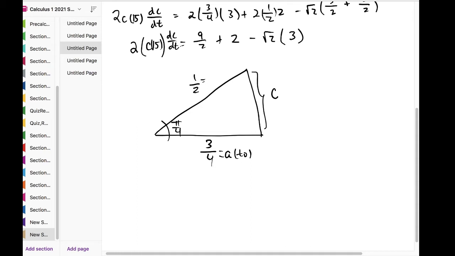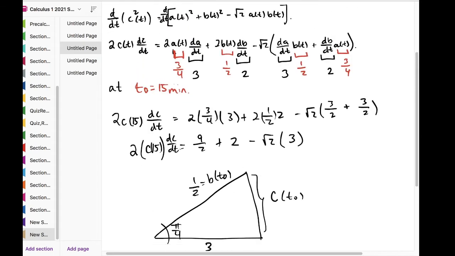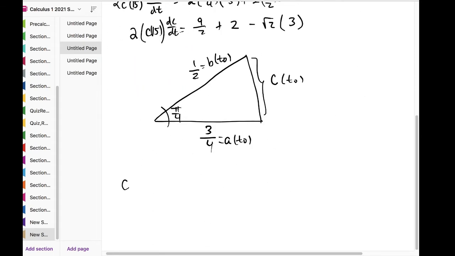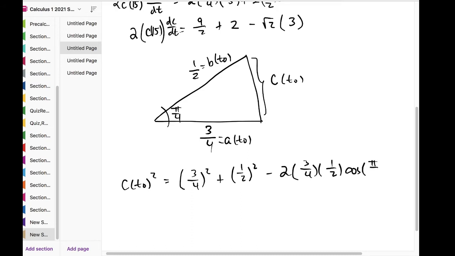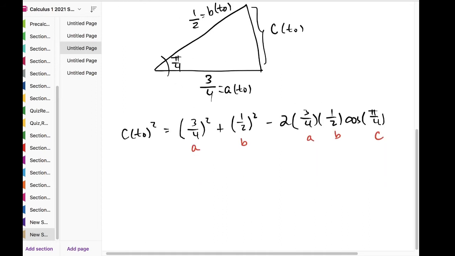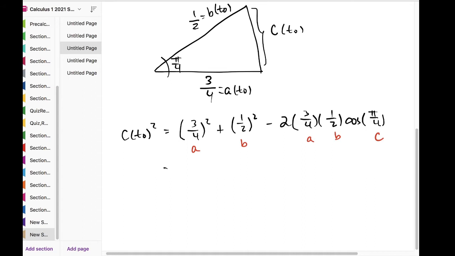Yes, law of cosines. Usually when you have to find a missing variable, you probably need the formula that you use to take the derivative of. Right, so c of t naught squared is equal to a squared plus b squared minus 2ab cosine of the angle. This is a, b, and that's c, big C. Okay, so let's do that. Remember this is squared, so I have to square root it afterwards.